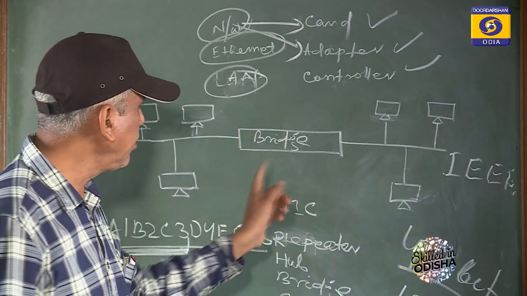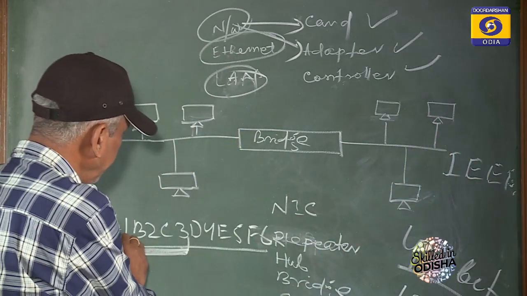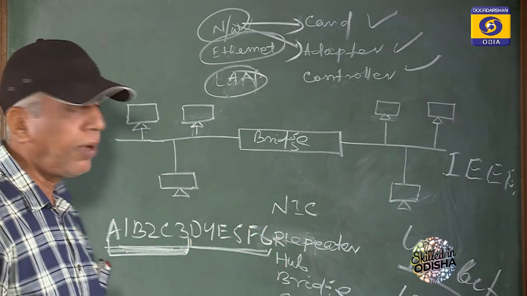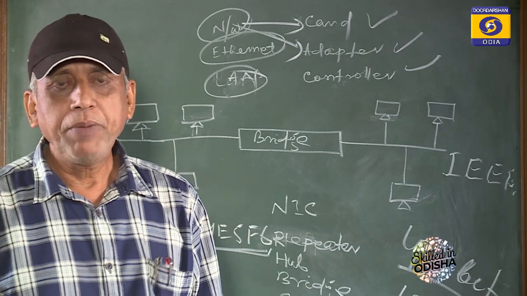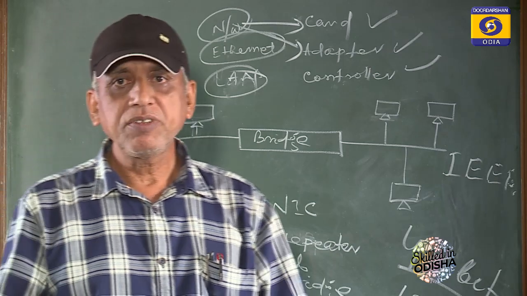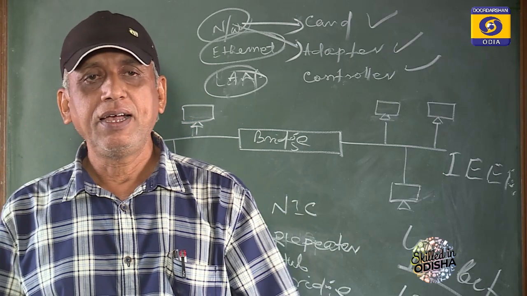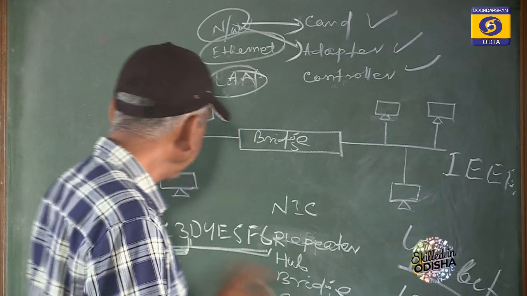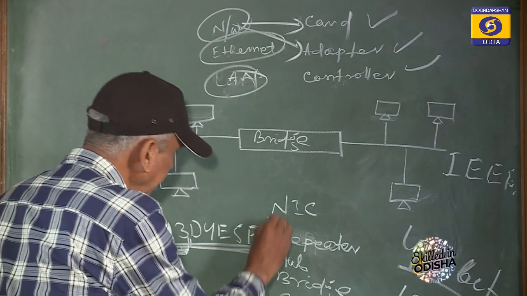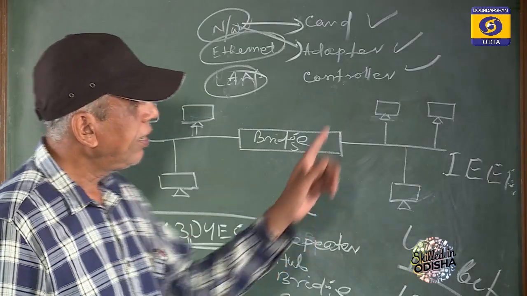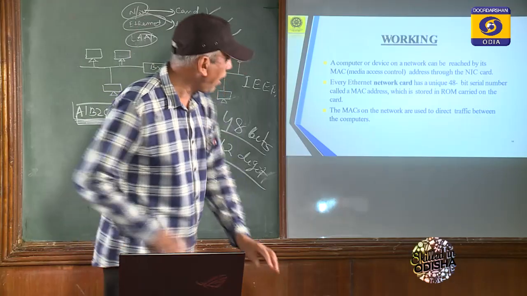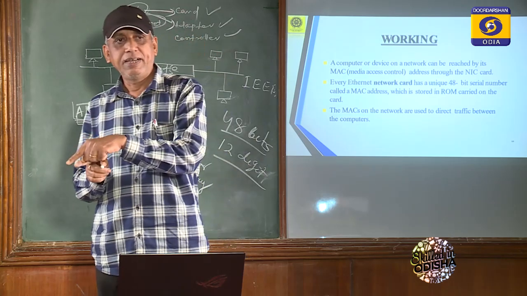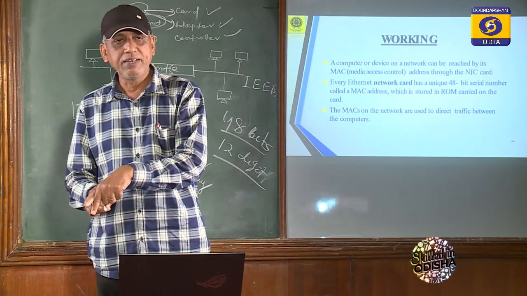The rest of the 6 digits are assigned by the manufacturer, depending on the serial number, how many NICs are produced within that organization. After combining these, we get the ID of each and every NIC, which is unique to that NIC card.